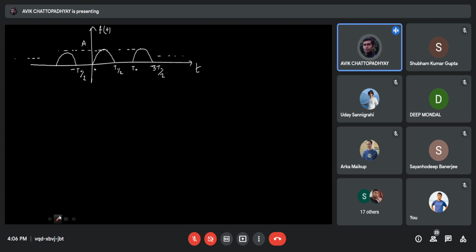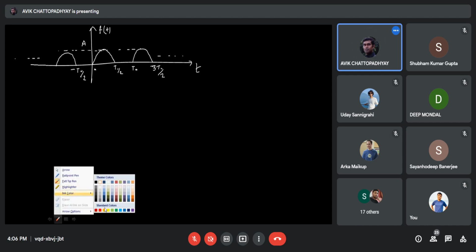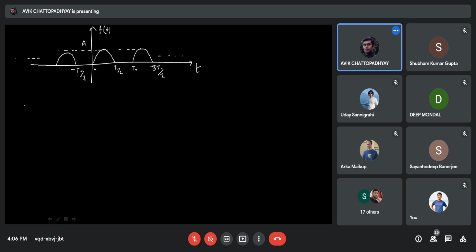So let's draw the signal, taking the same reference. This is the origin, so this part will come at this side. This is A, and this signal will be f of minus t, which I am going to draw now.